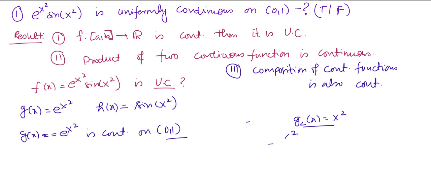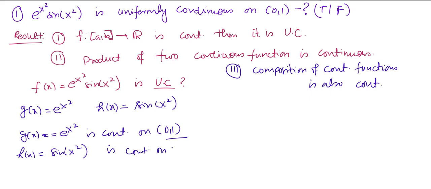So this implies that g is continuous on 0 to 1, and in a similar way h(x) equals sin x square is also continuous on the closed interval 0 to 1. To prove the continuity of these two functions is easy, you can do it yourself. Just as a hint, it is a composition of two functions.